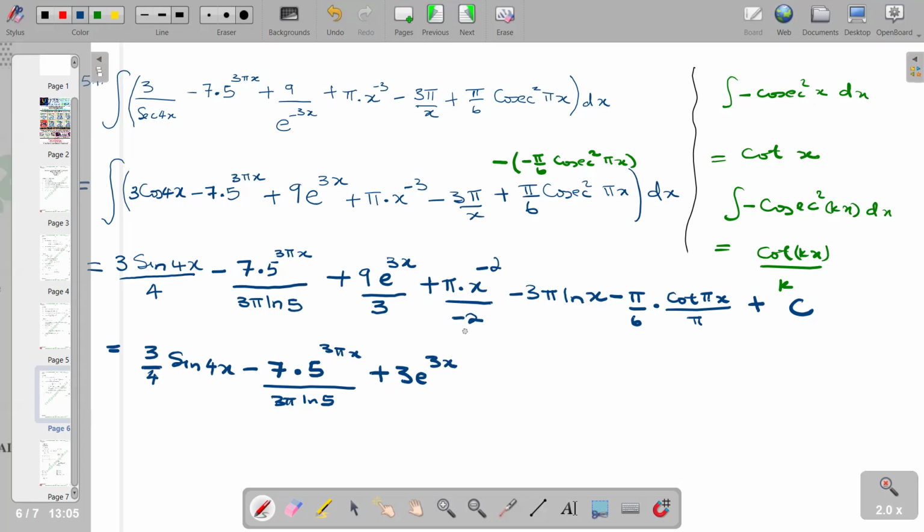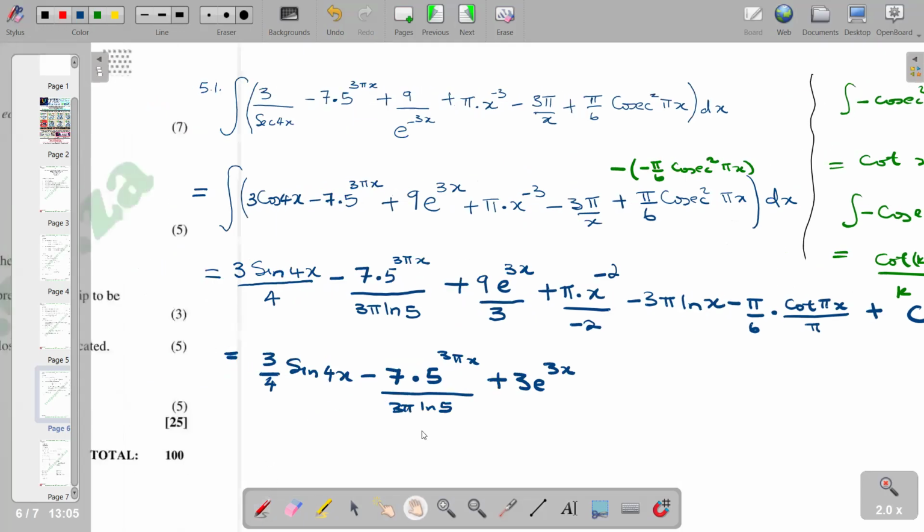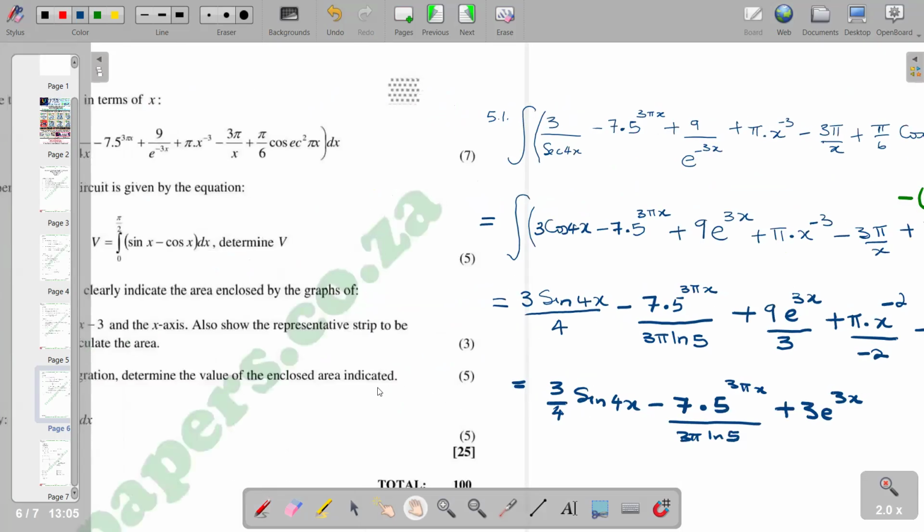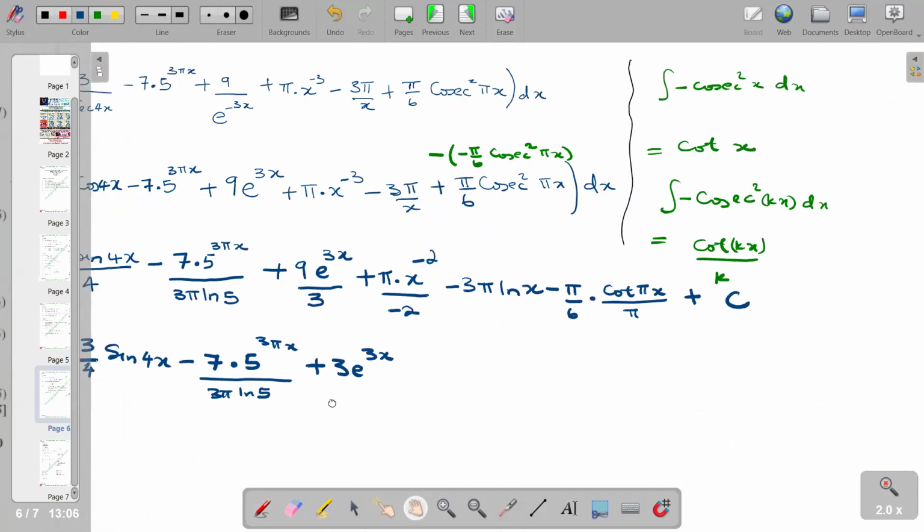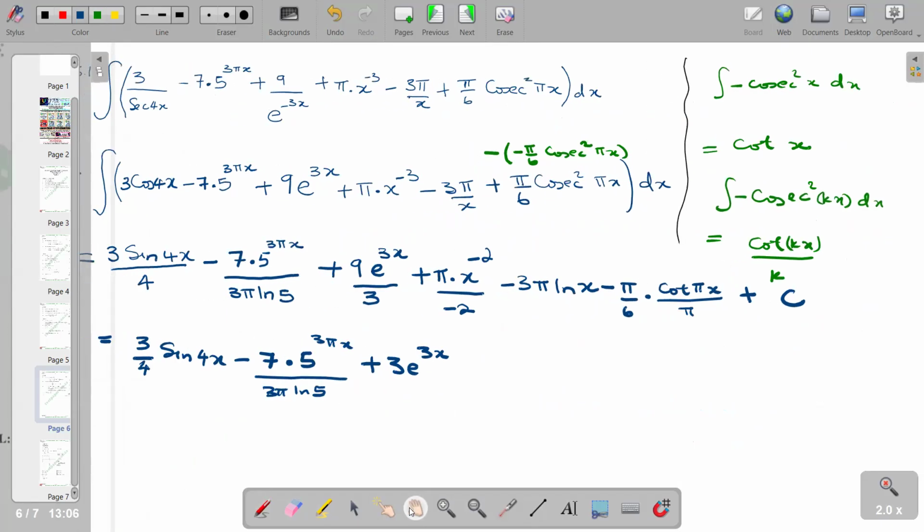Then here, let me check. Okay, it's fine. Then here, simplifying, it's going to be minus 1 over 2 pi x to the power negative 2.